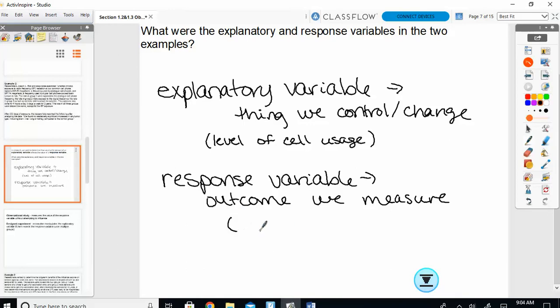In this case, what was the response variable we were looking at? The effect of that radiation. Basically, did they get cancer or not? The cancer levels, we looked at several different types.